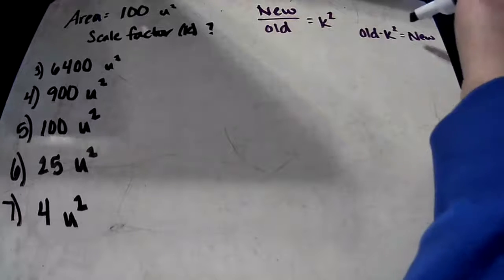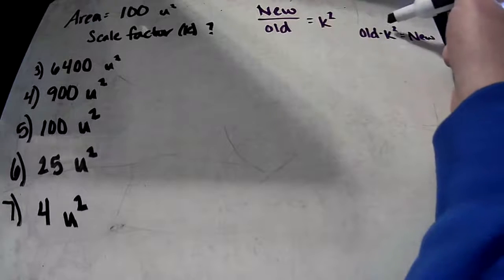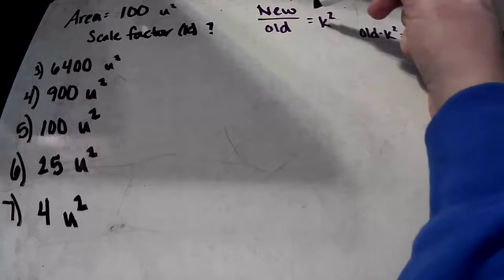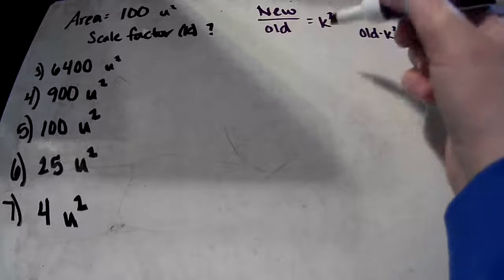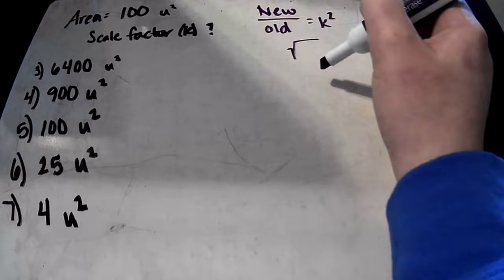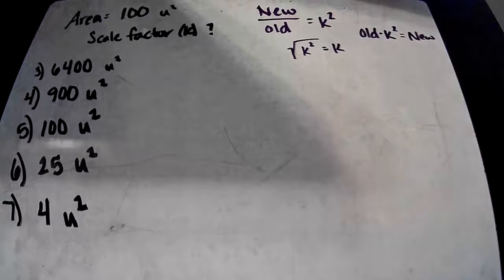So we are reversing this process. Instead of multiplying by the scale factor squared, we divide to get the square of our scale factor. Then, to find my scale factor, I take the square root of k squared.